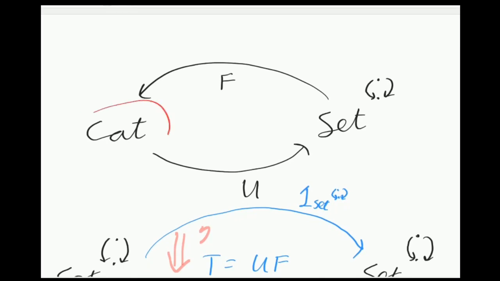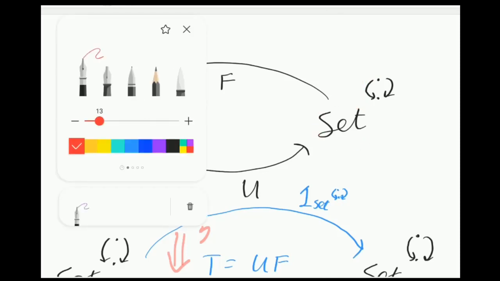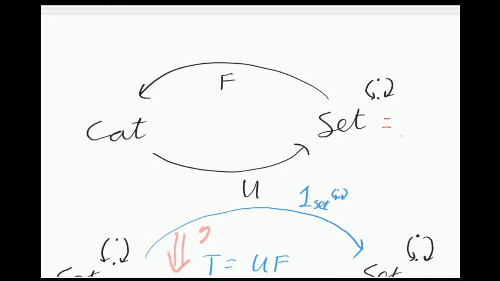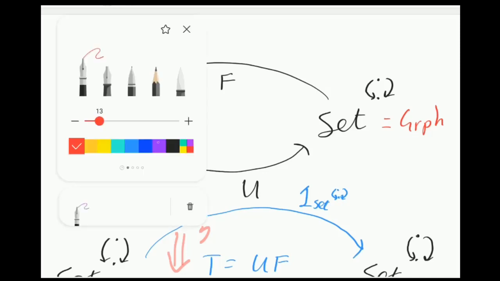So we have this category of categories, which we call Cat, and we have this category of graphs, which I write like this, because it's really the category of functors from this diagram here into Set. But we could equally call this category something like GRPH. It has objects as directed graphs and arrows as graph homomorphisms.